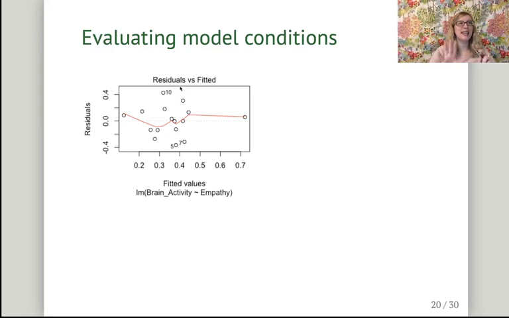They're all kind of scattered randomly around that line of 0. There might be one problem, though. There might be a problem with non-constant variance looking at this plot. The points are a lot more spread out here than they are here and here. Now, of course, how much of that is due to this being a small sample size, we really can't say.